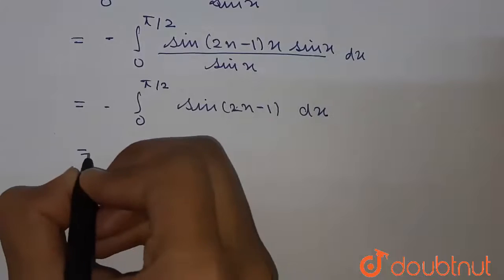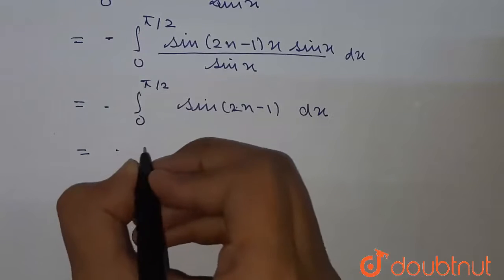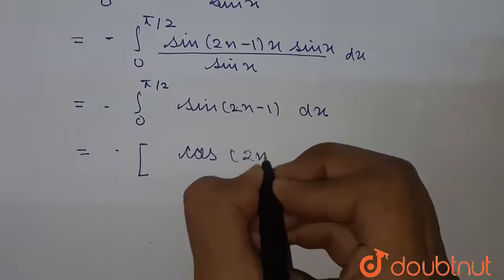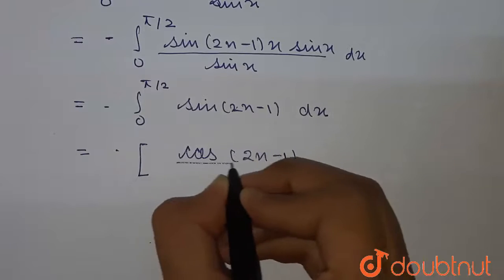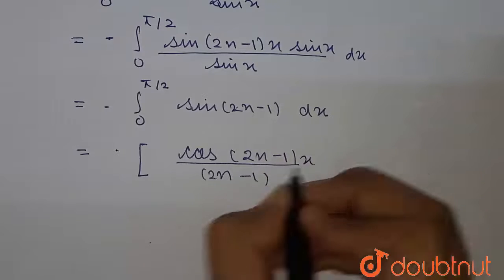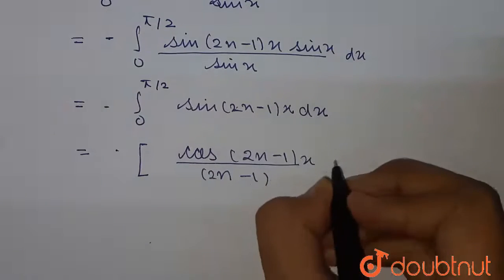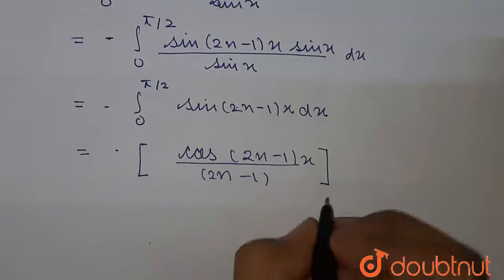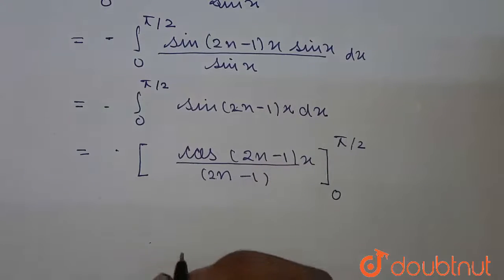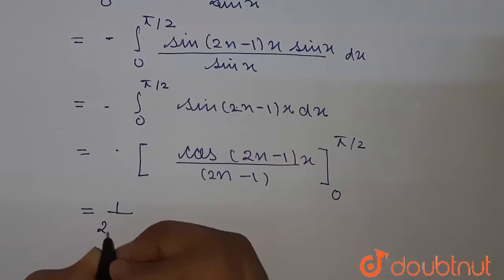So its integration, sine integration will be minus cos x, so minus minus will become plus. So here we will get cos of (2n minus 1)x divided by 2n minus 1, with the limit 0 to pi by 2. So on putting the limit, we are taking out 1 upon 2n minus 1.